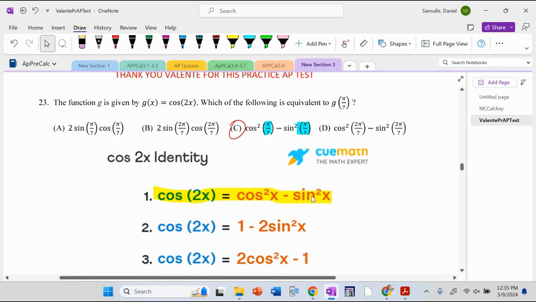But when I look at this, it's this first one that's being used. So what's g of pi over 7? When I plug in pi over 7 here, that becomes pi over 7 in the identity. 2 times pi over 7, that means x is pi over 7. Okay, just knowing how the argument works there.